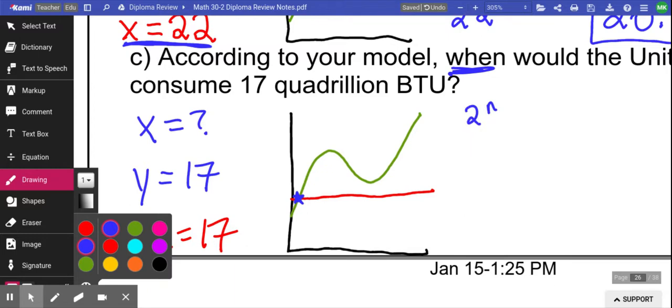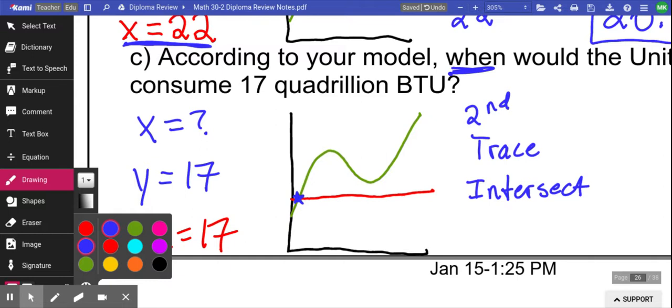Second, trace, intersect. Do not use your up and down arrows when you're doing questions. Use your left and right arrows. So second, trace, intersect. Using my left arrow, I'm moving my screen all the way over to where my star is. I then hit enter 3 times.